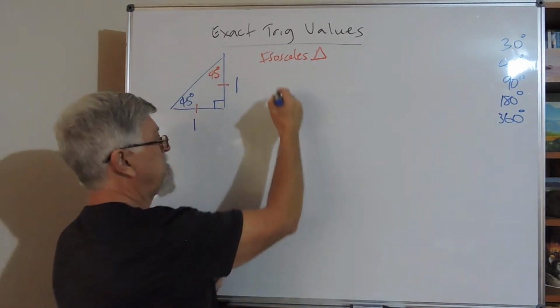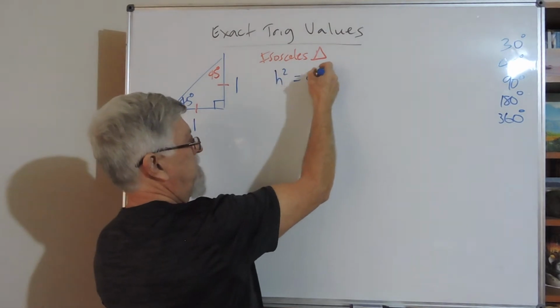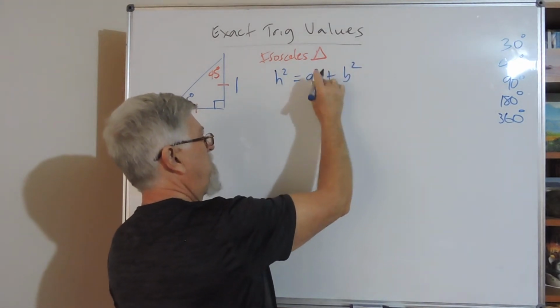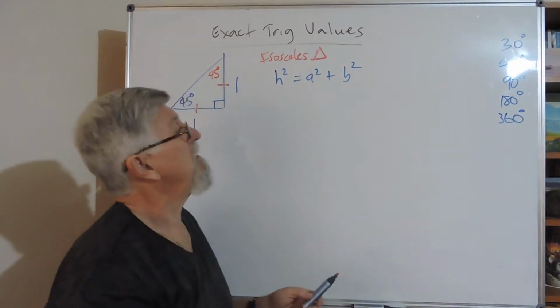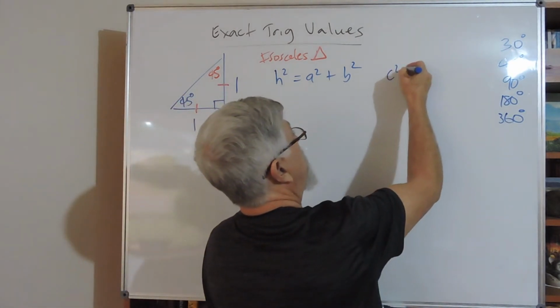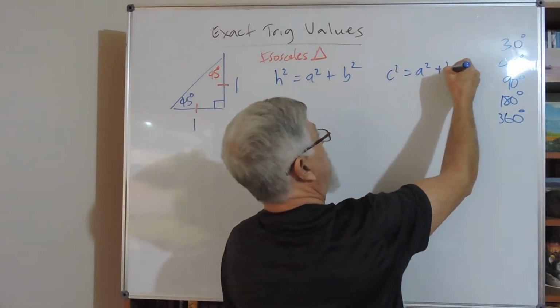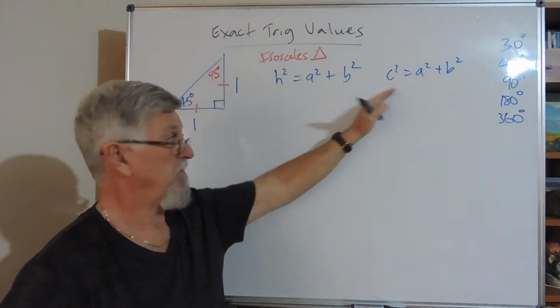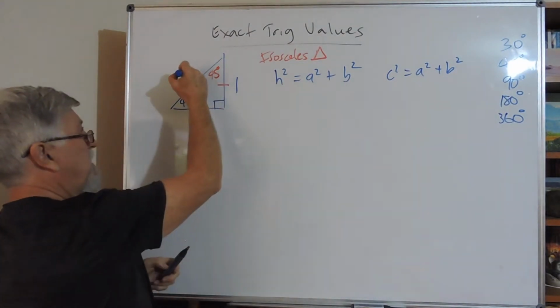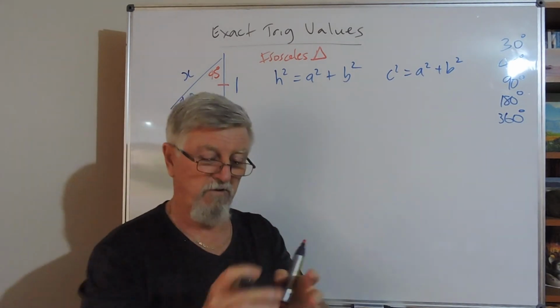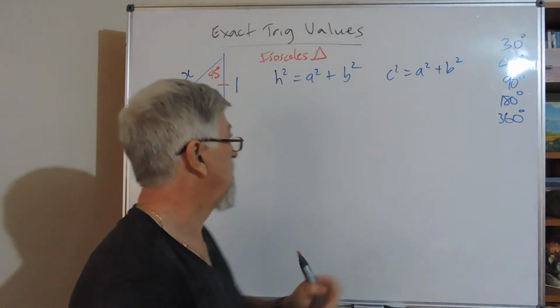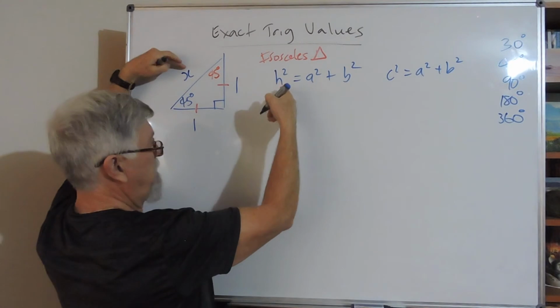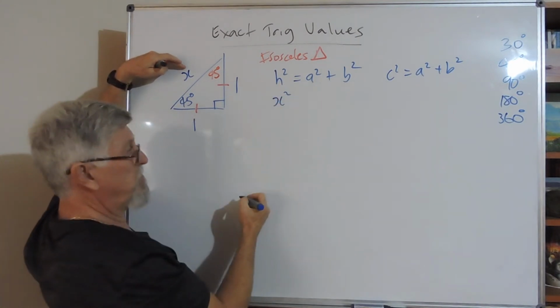Go back to Pythagoras. I like to write h squared equals a squared plus b squared. I prefer to write h for hypotenuse. Depending on your school, a lot of people will write c squared equals a squared plus b squared. But I tend to write h, but if it mucks you up, you can go through it that way. So if I put an x for the hypotenuse, and x just means I'm finding out how long the hypotenuse is. So that x replaces the h, which is substitution.